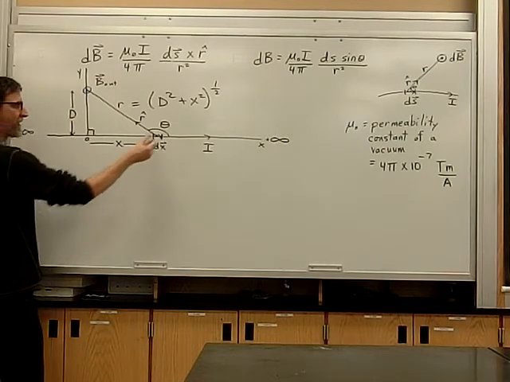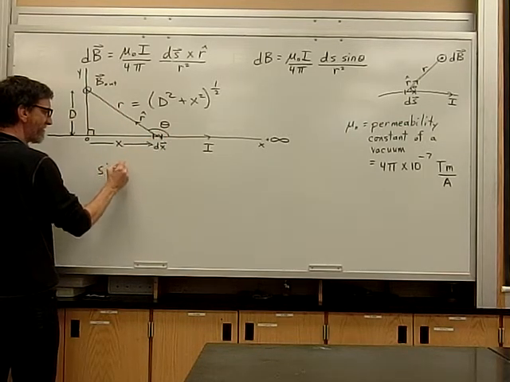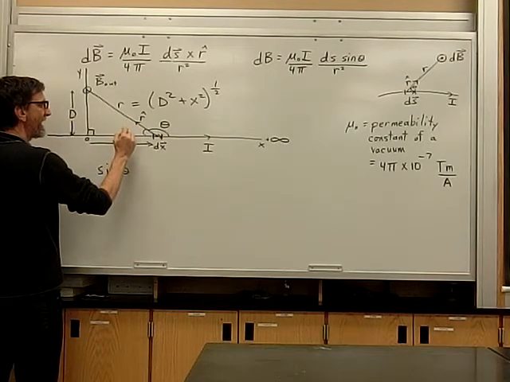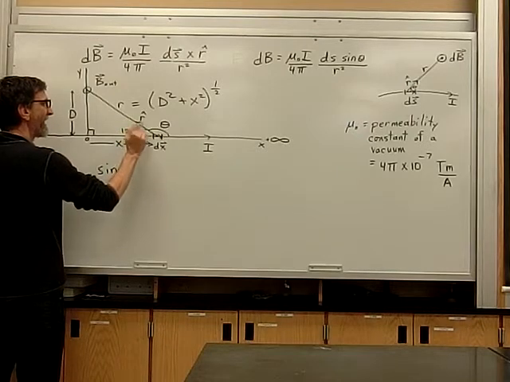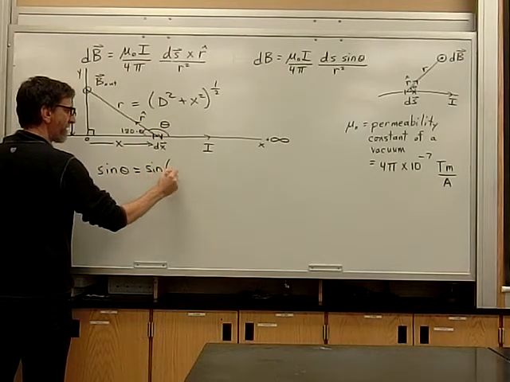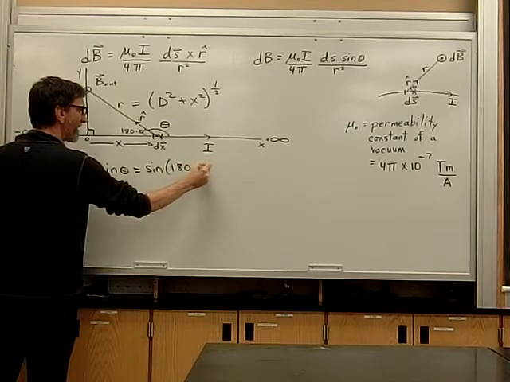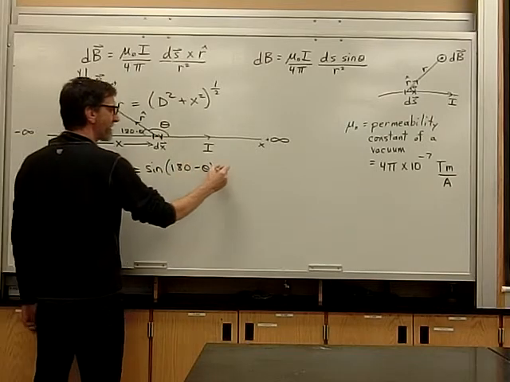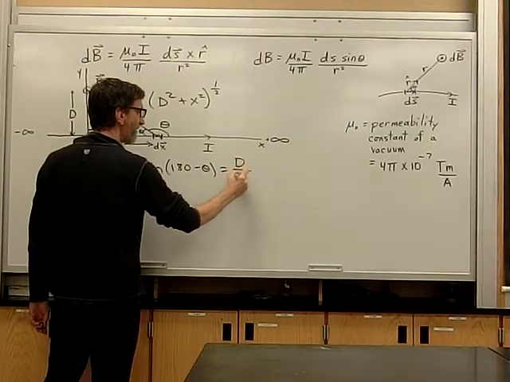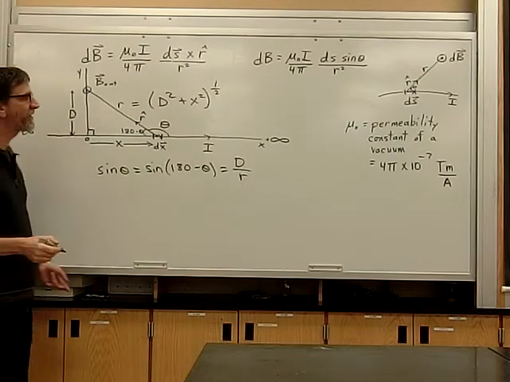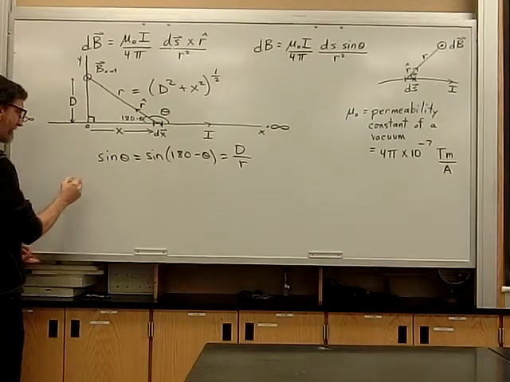We can also say that the sine of theta is the same thing as the sine of 180 minus theta. That's a property of sine. And then the sine of 180 minus theta is opposite over hypotenuse, d over r. So I can now substitute those into my equation for dB.